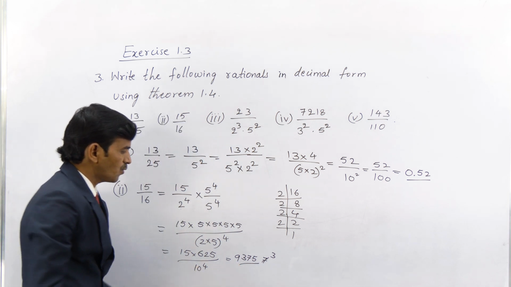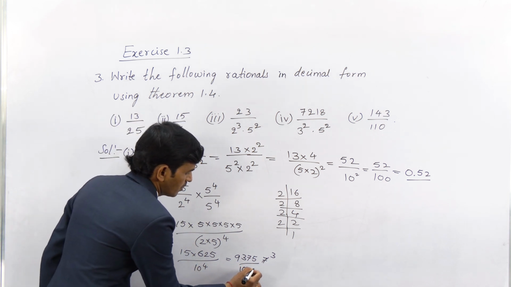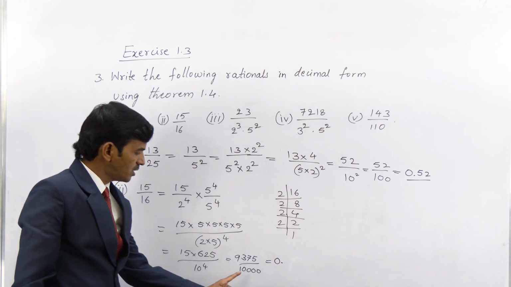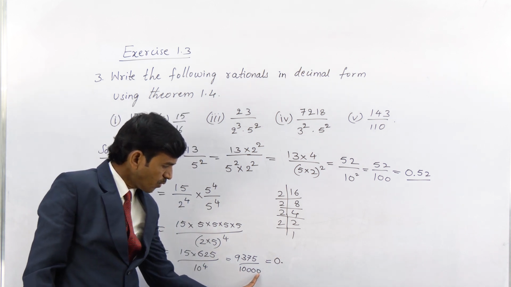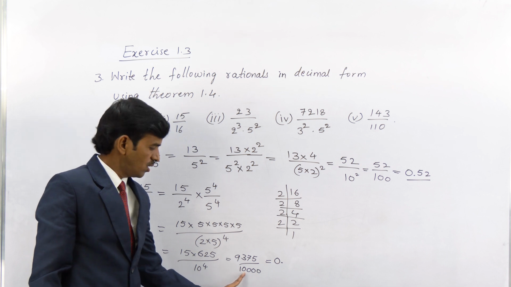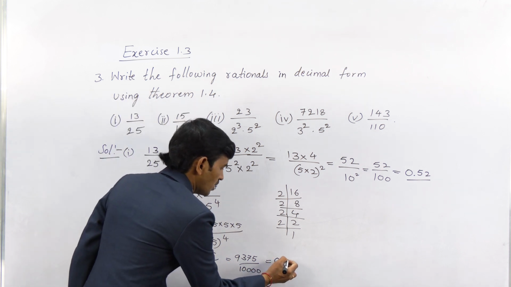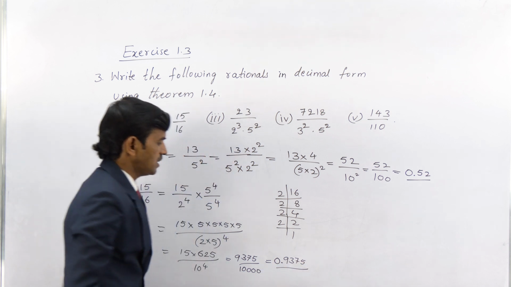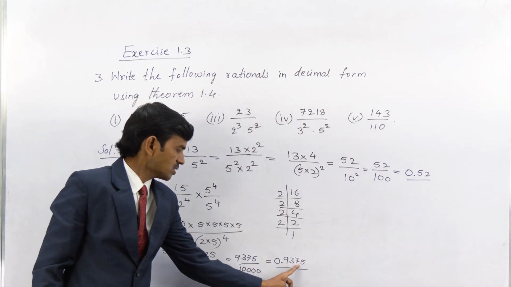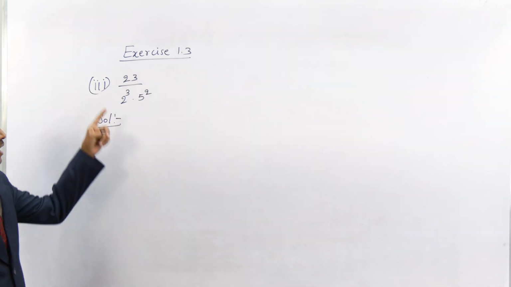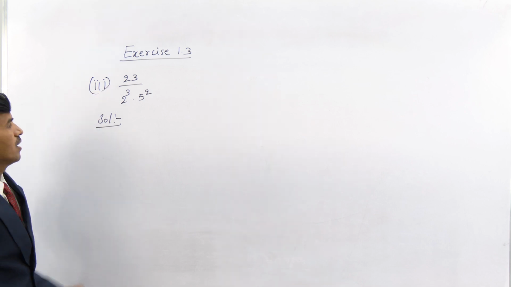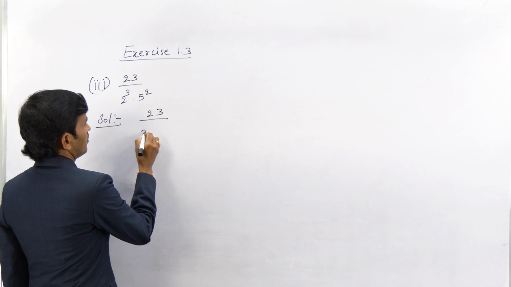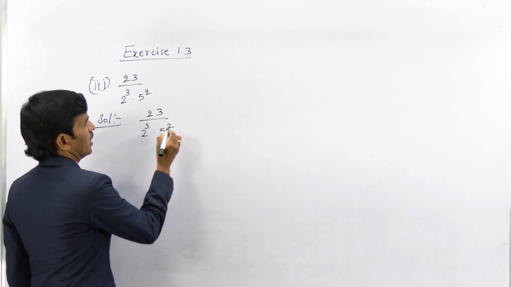So 9375 by 10 power 4, which gives us in the next step its decimal expansion: 0 point, count the number of zeros in this, 1 2 3 4. After the decimal point there exist 4 digits, that is 0.9375.